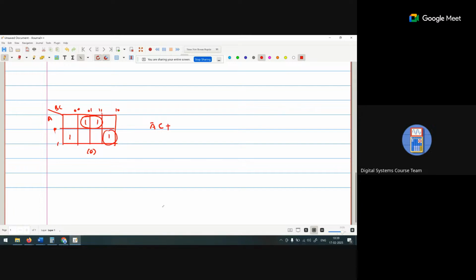If I write in this equation and this equation, they can create a group of 2. For this one, the value of A is 1 and the value of C is 0. AC bar. So the answer is A XOR, sorry, A XOR C. Okay, so wrong answer.